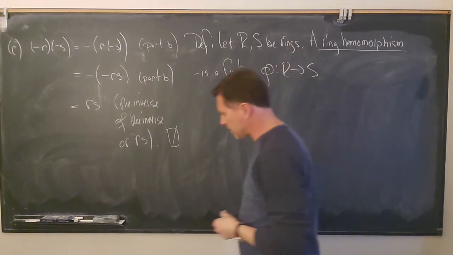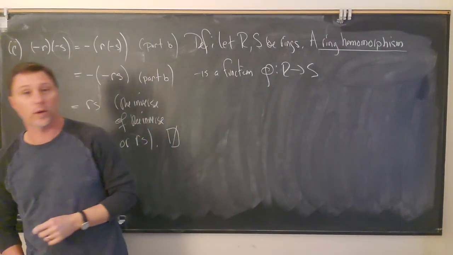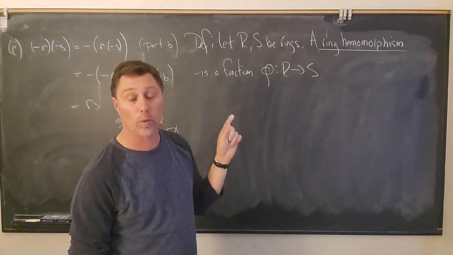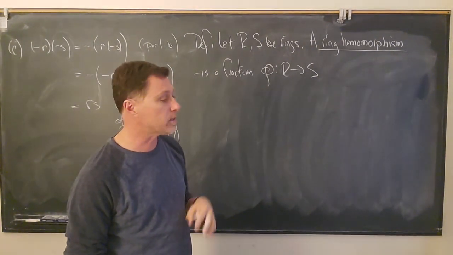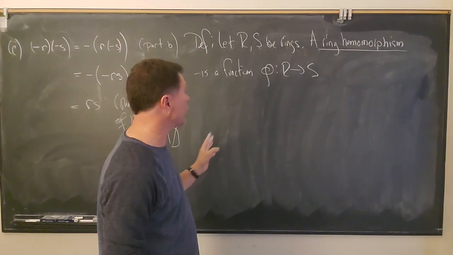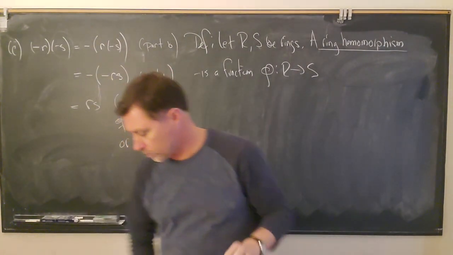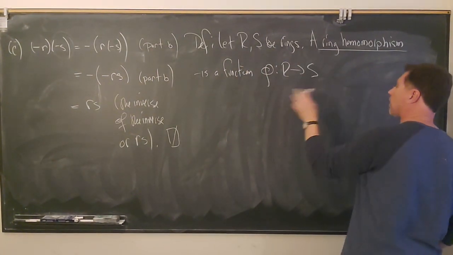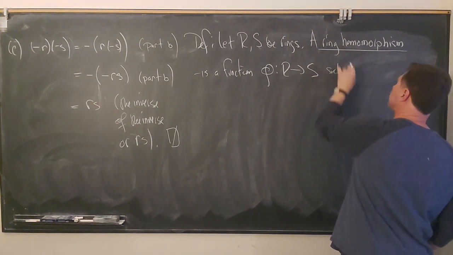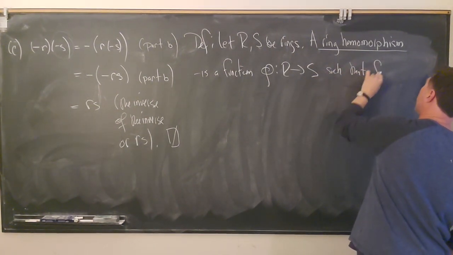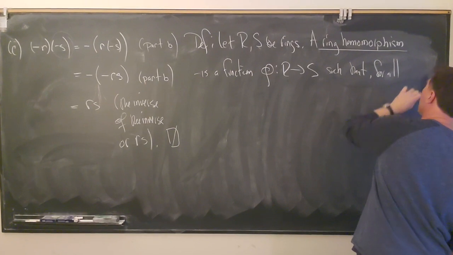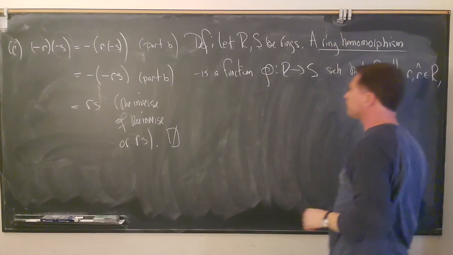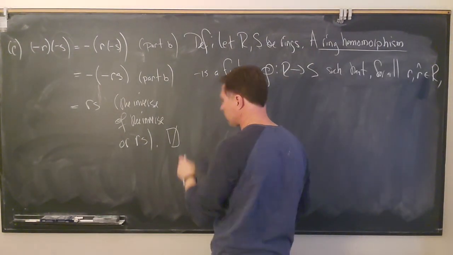I'm going to finish this sentence in just a second, but let's remember now, in group theory, what was a homomorphism? It was a function that respected the operation. Now we're working with rings, which have two operations, and so a homomorphism needs to be a function that respects both operations. So it is a function phi from R to S such that for all R and R hat in capital R, two properties hold.